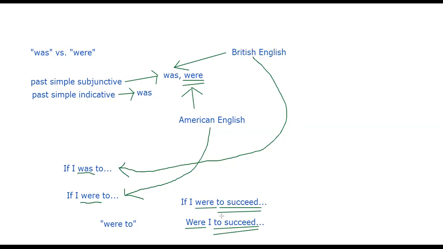And I think that's it for the present subjunctive and the past subjunctive. So we've covered the present subjunctive in depth, and we've covered the past subjunctive in depth. We don't really have a future subjunctive because, not like Spanish or Portuguese, we don't have that. It just simply doesn't exist.